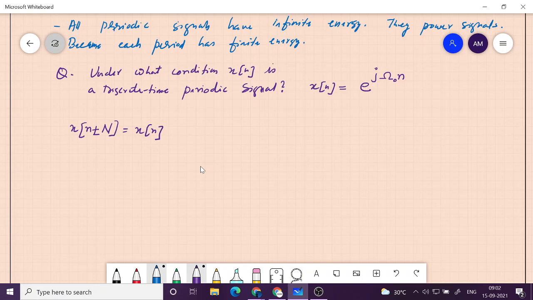So if you want to get back this, imposing this condition, e raised to j omega 0 into n plus or minus capital N is equal to x of n. So this is the condition for periodicity.